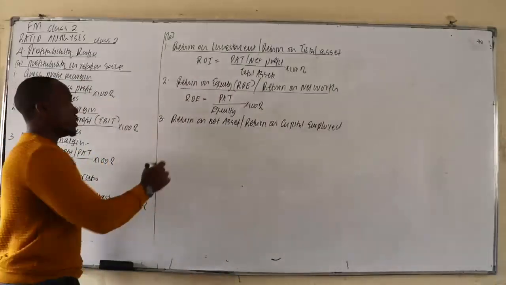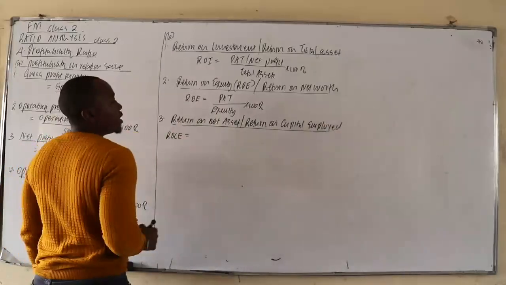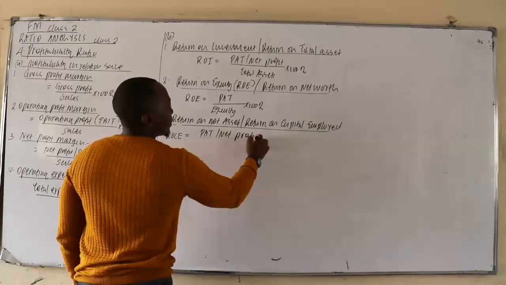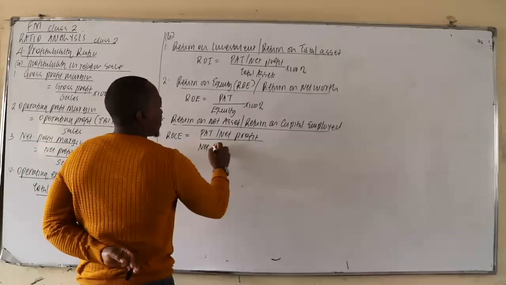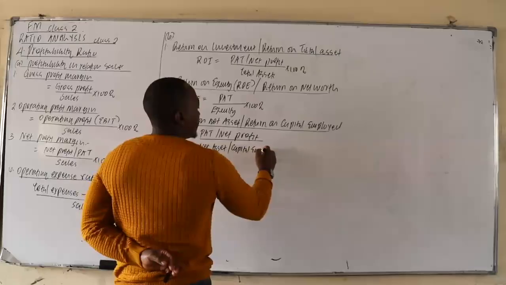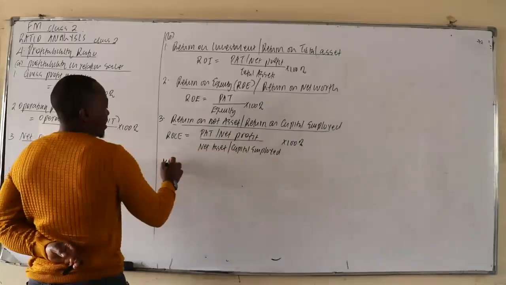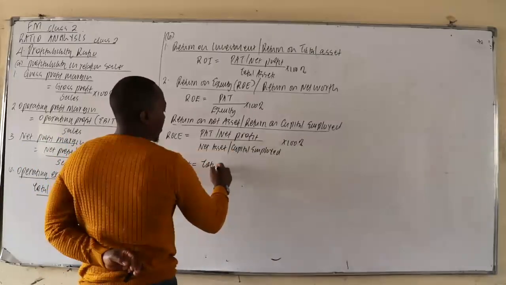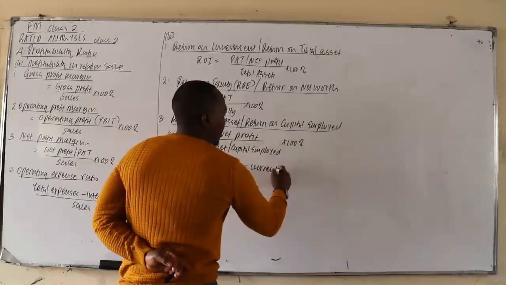For return on capital employed, you take the profit after tax or the net profit, then you divide by the net assets or the capital employed, times 100%. And how do you get the net assets? Net assets are equivalent to the total assets minus the current liabilities.